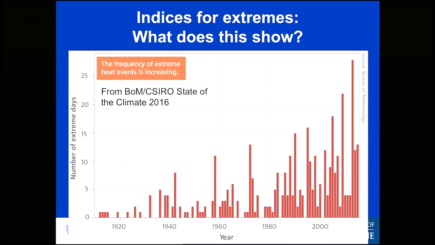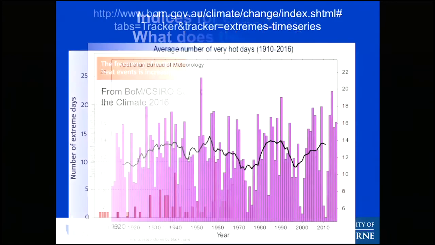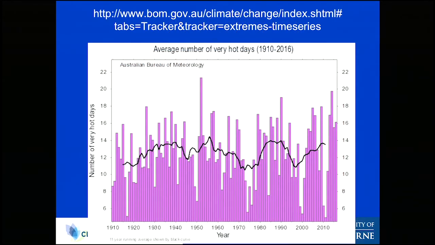But what happens at the end, with a small shift in the mean temperature over Australia, you can rapidly get a dramatic increase. And there has been an increase in the mean temperature. This one, very hot days, is at each station calculate the number of hot days.